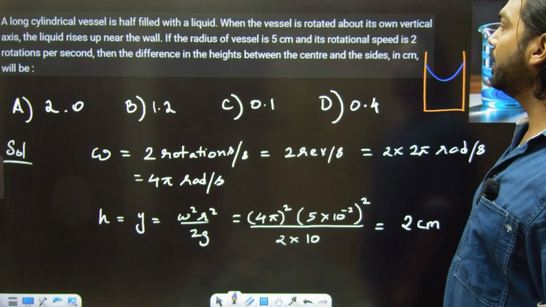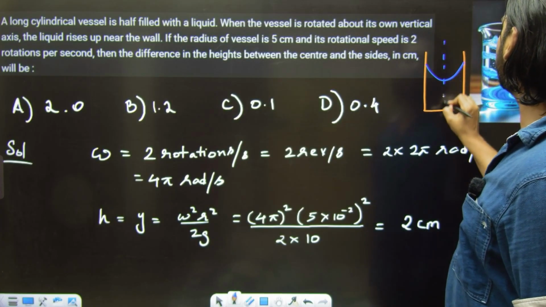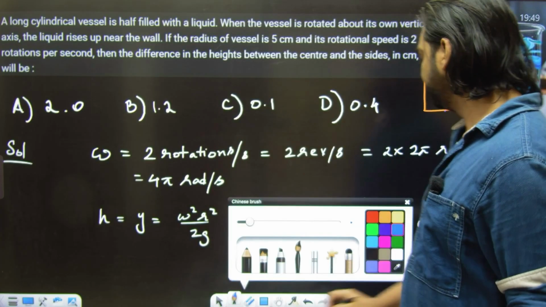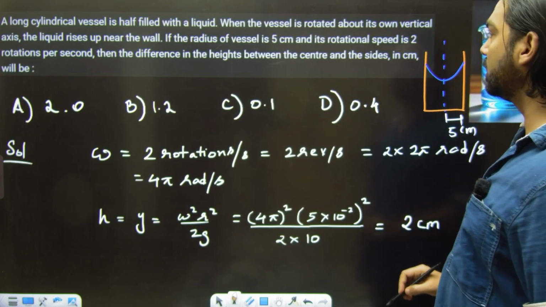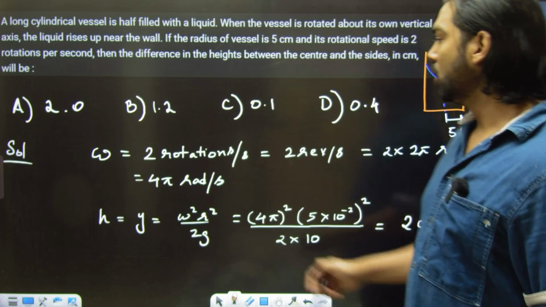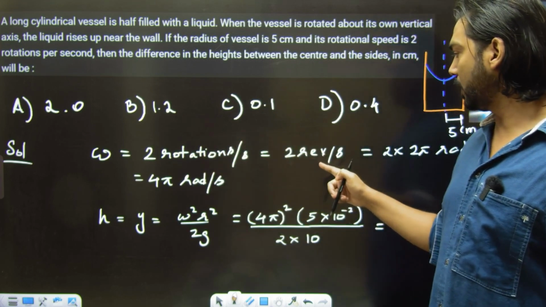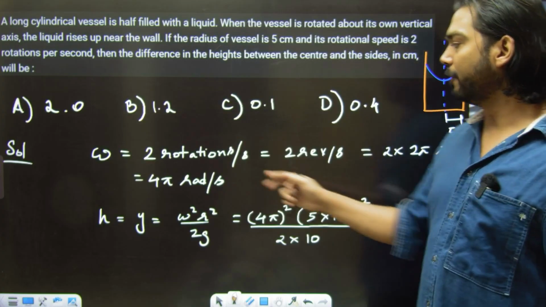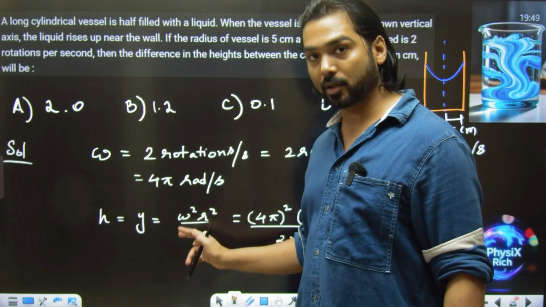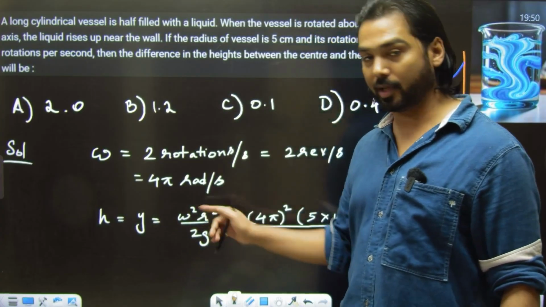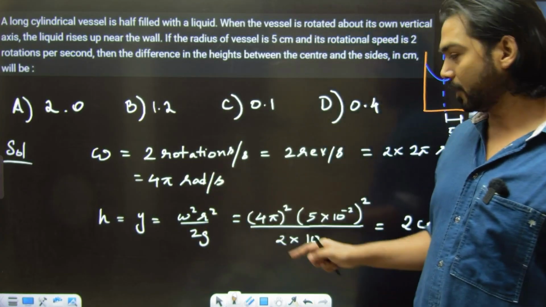Okay, and radius of the vessel is given to you as 5 centimeter, and rotational speed is 2 rotations per second. So 2 rotations per second is the same thing as 2 revolutions per second, which is the same thing as 4 pi radians per second. Now you can simply apply the formula y equals omega square r square upon 2g, which we found out in the previous video.